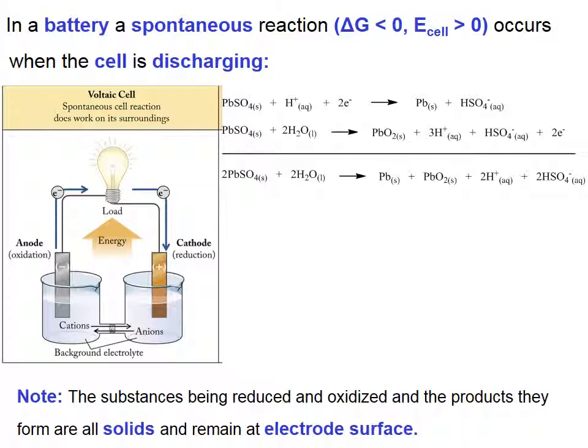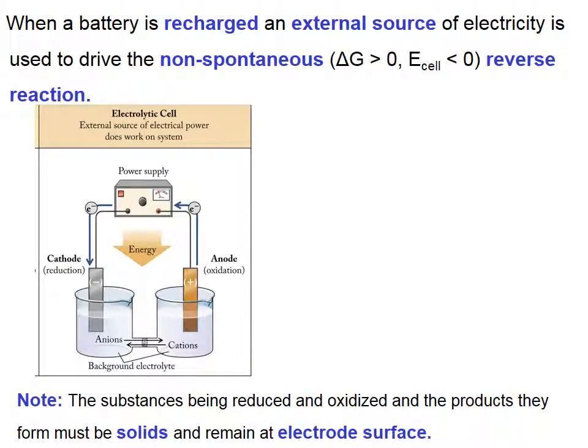surface of the electrodes. When a battery is recharged, you have to put in an external source of electricity to drive the non-spontaneous reverse reaction. So in this case, what was our cathode becomes our anode, and what was our anode becomes our cathode.